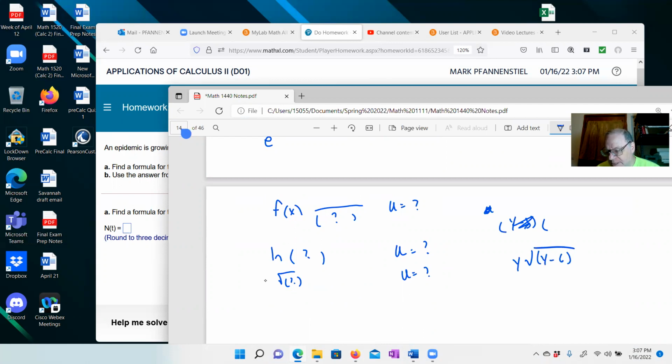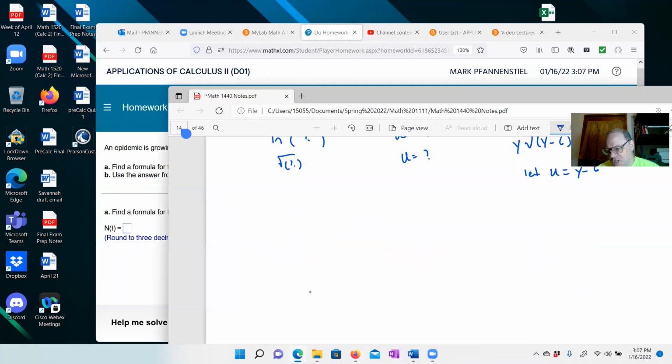That's going to be one of those cases where you're going to have to recast this. You're going to say let u equals y minus 6, du equals dy. You might have to do something like u plus 6 equals y to substitute back as well. So be careful with that.